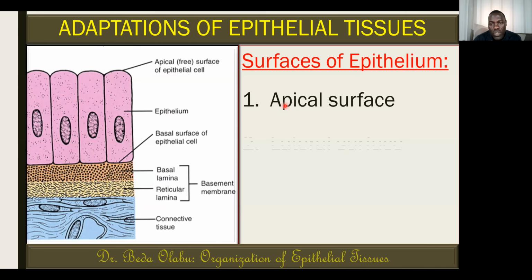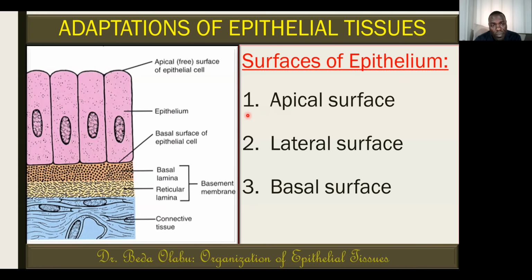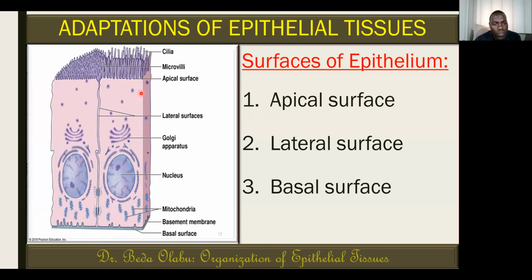When we talk about the adaptations, some are on the apical surface, some are on the basal surface, and yet some are on the lateral surface. Let's begin with the apical surface adaptations. This other image also shows you the concept of the apical, lateral, and basal surfaces of the epithelium.